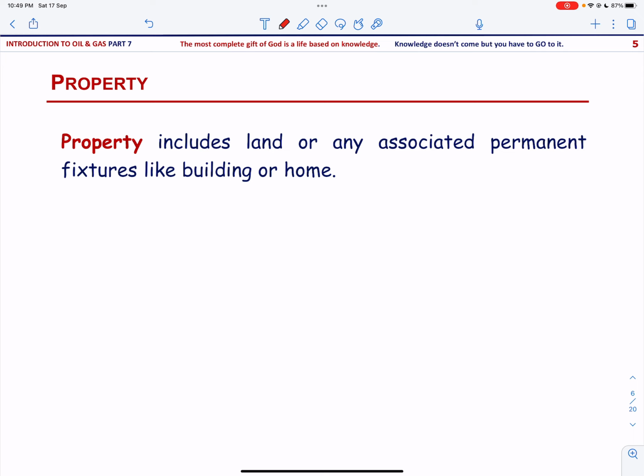Oil and gas is part of the land, so oil and gas mineral rights are considered a form of real property in most countries. Minerals belong to the government, but in the United States, ownership of minerals was granted to the surface owners, and this type of ownership is called fee simple.